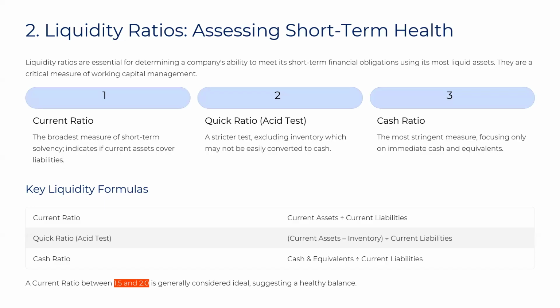At times, we use quick ratio for companies that take time to sell their inventory. A very good example is a car company. It may take them time to sell a car because a car is not something that everybody buys. If somebody buys a car this year, the person may not buy another car in the next 2, 3 years.